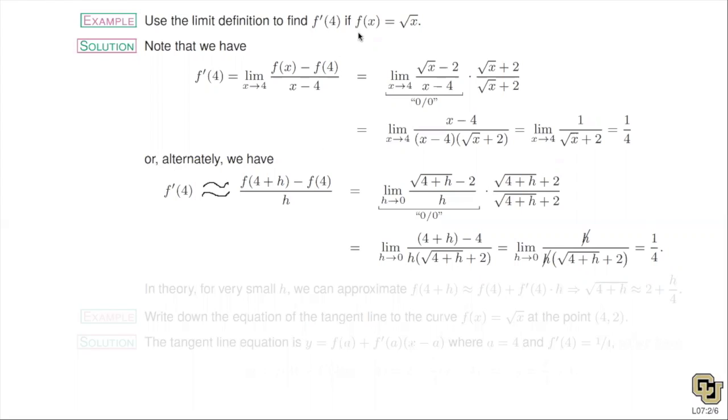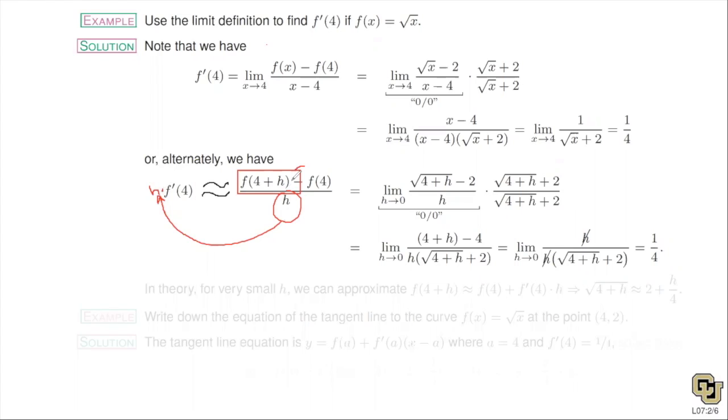So when h is small, f prime of 4, what's on the left side, is approximately equal to what's on the right-hand side. Now I'm going to solve for f of 4 plus h. I want to solve for this term right here. So I'm going to take this h down here, move it to the other side, and multiply it to this f prime of 4.